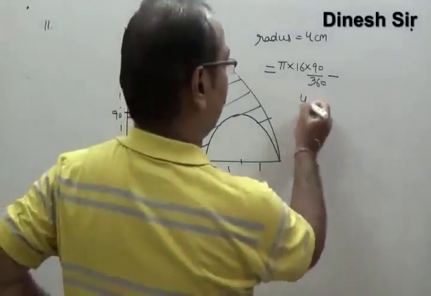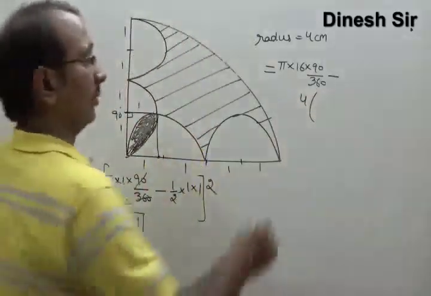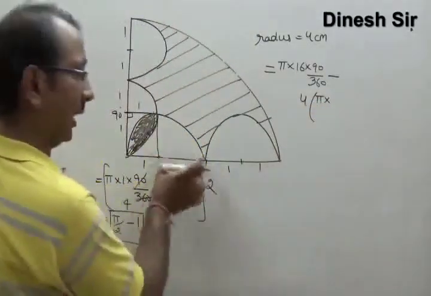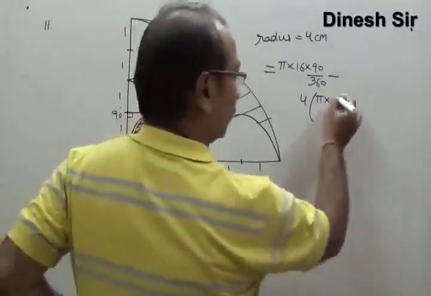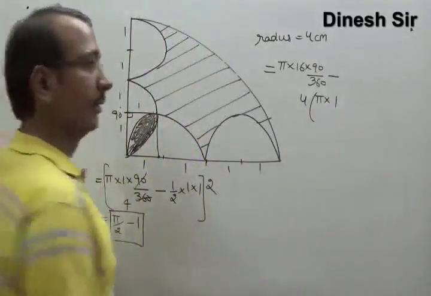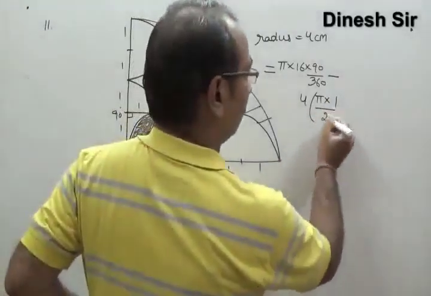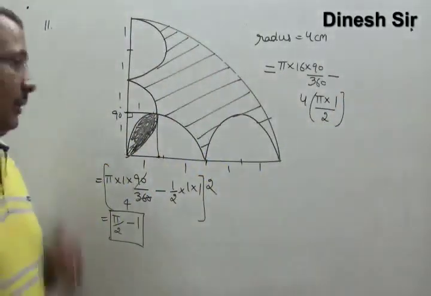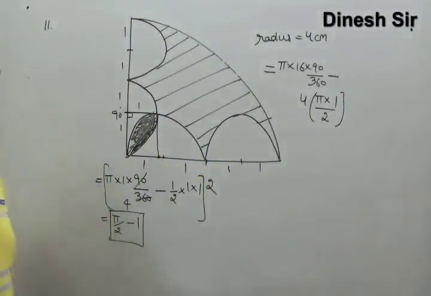Minus 4 into pi r square upon 2, where r is equal to 1. That is the area of the 4 semicircles, because the area of a circle is pi r square. Because this is a semicircle, we have to divide by 2. That is 4 into pi upon 2.